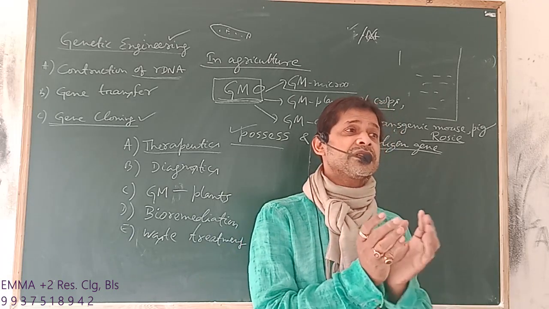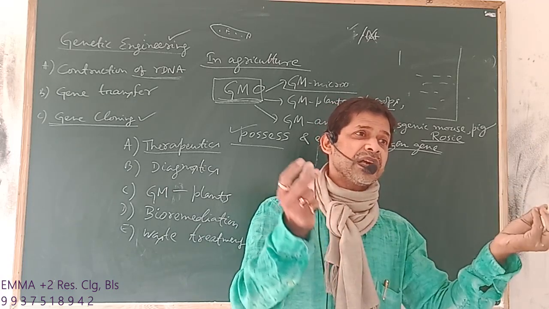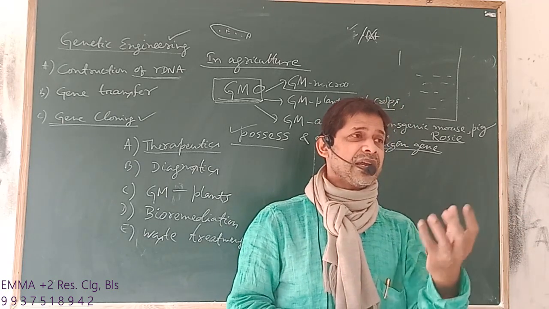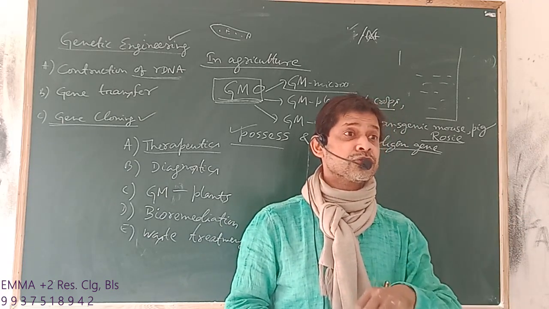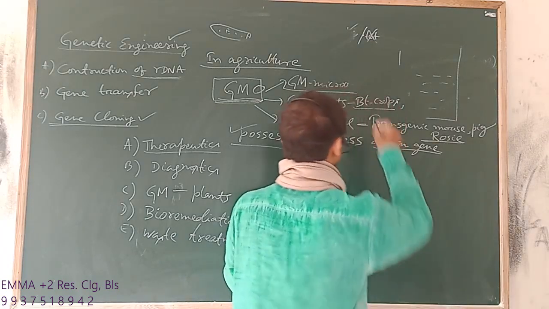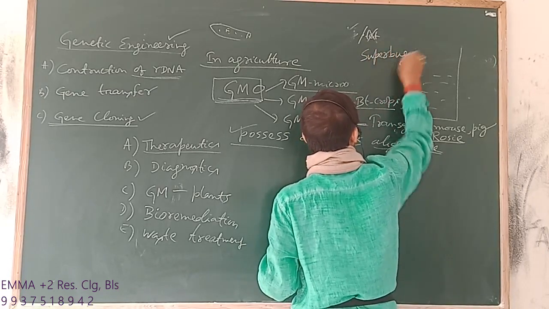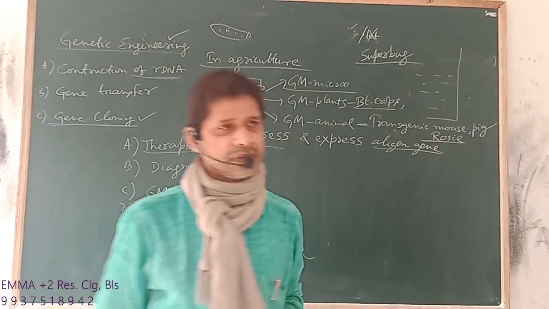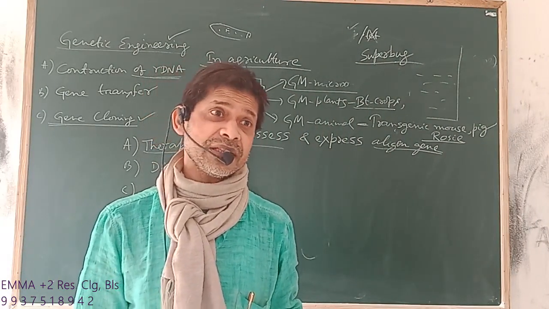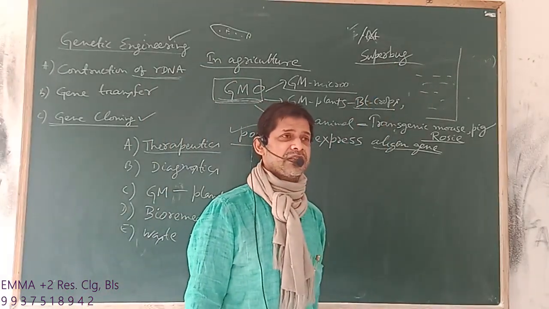Interestingly, he constructed one microorganism, a bacteria, that has plasmids from different bacterial sources, and that bacteria is named a superbug. Superbug. This is a genetically engineered bacteria. So what is the purpose of constructing this bacteria?